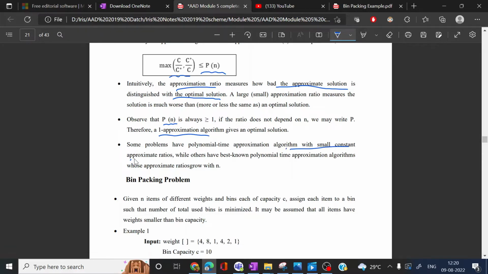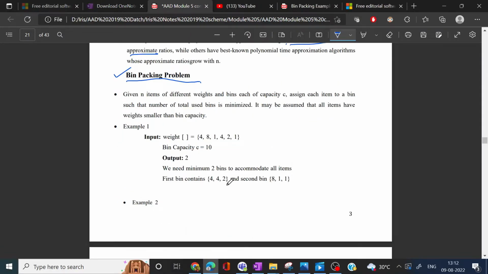So these are about the approximation algorithm, and we can see one problem which can be solved using an approximation algorithm. That one is the bin packing problem. Given n items of different weights and bins each of capacity C. We have been given n items and bins also.